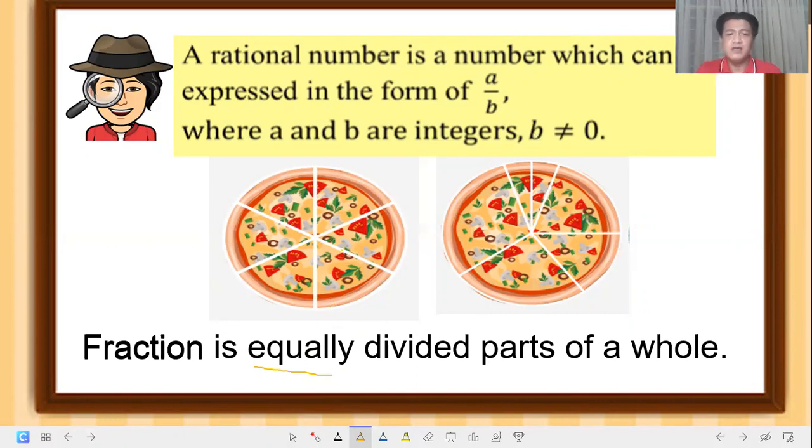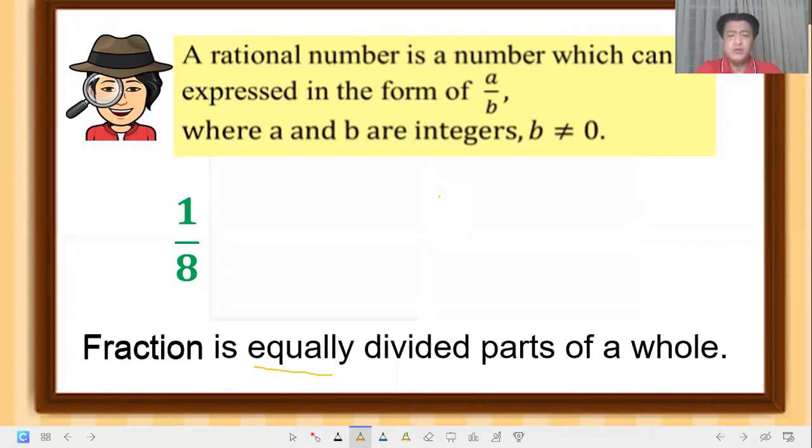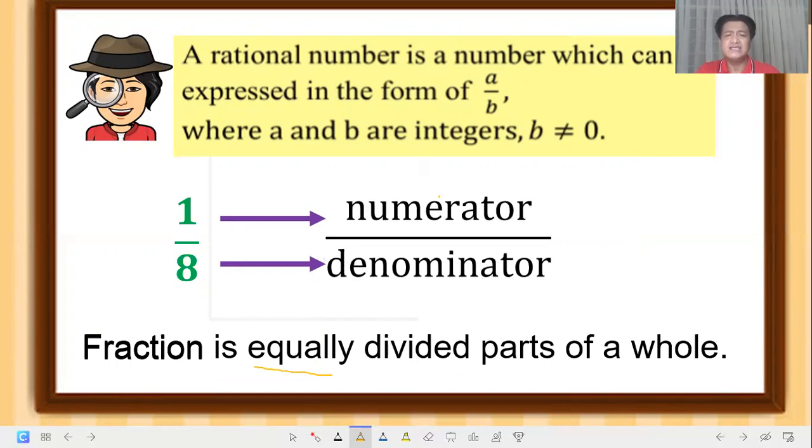So meaning to say, if I have this pizza, for example, kumuha ako ng isang slice. So how to represent this in a fraction? Okay, that is 1 over 8. So with that, using this 1 over 8, meron tayong parts, no? We have this top and bottom. Okay, ano ba yung tawag natin dyan? Yung nasa taas po natin, that is called numerator.